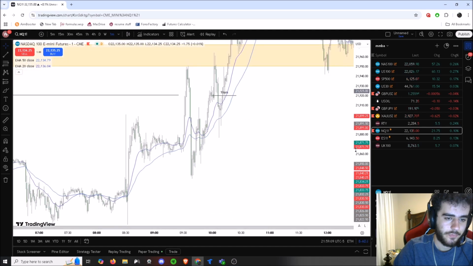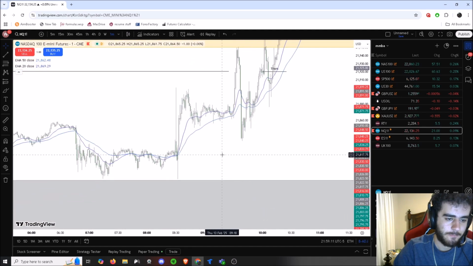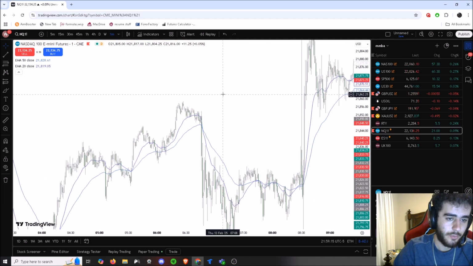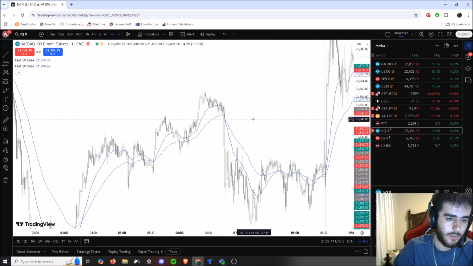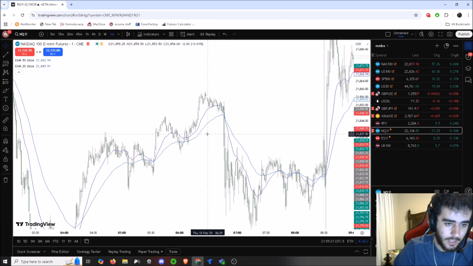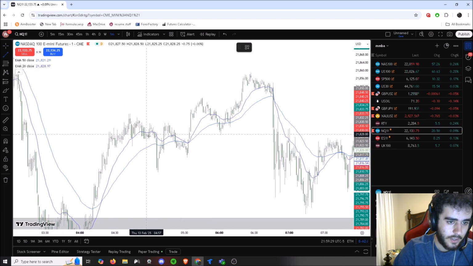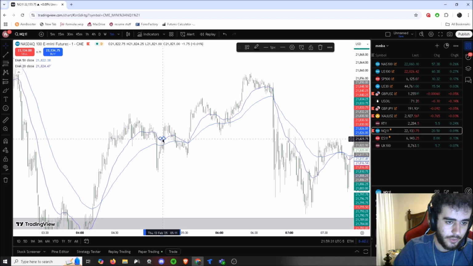Now, an example of a market structure shift with high volume would be something like this candle. It's a market structure shift with volume.